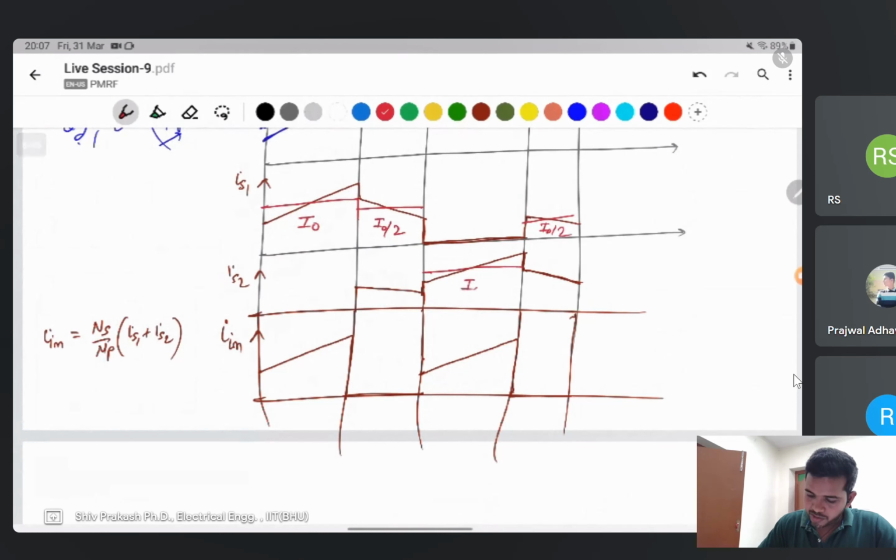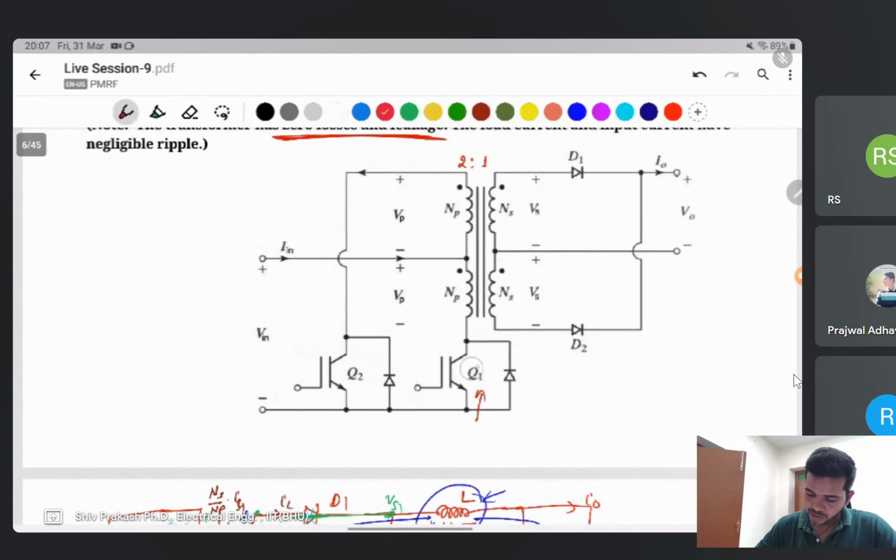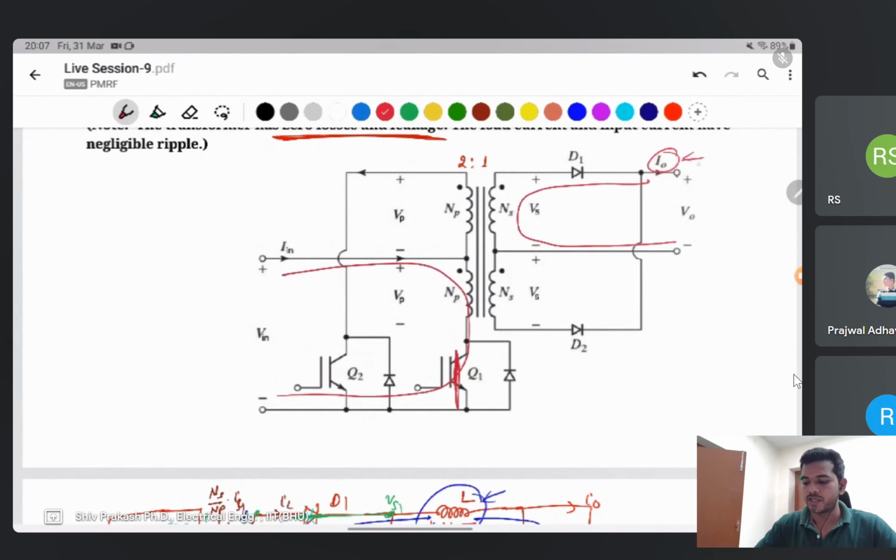This current is I naught by 2, half of the current flow. If you observe here, when switch Q1 is on, the primary current and secondary current flow like that. If a constant current flow is given in the question, it means the whole current flows through the secondary side.